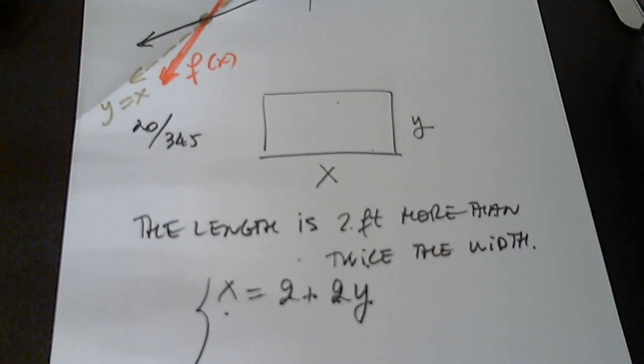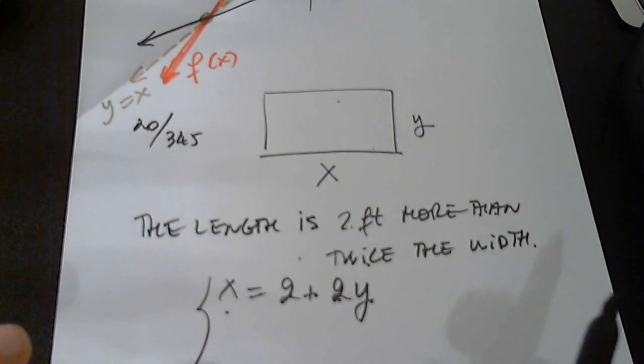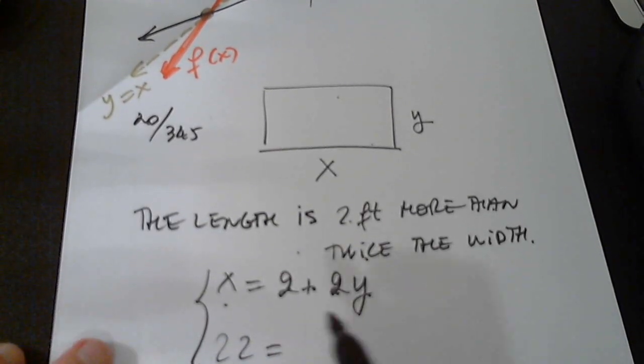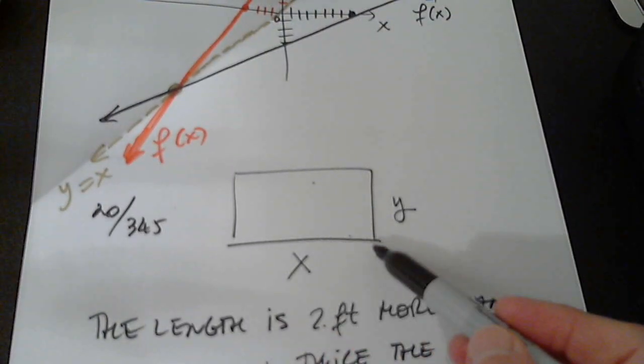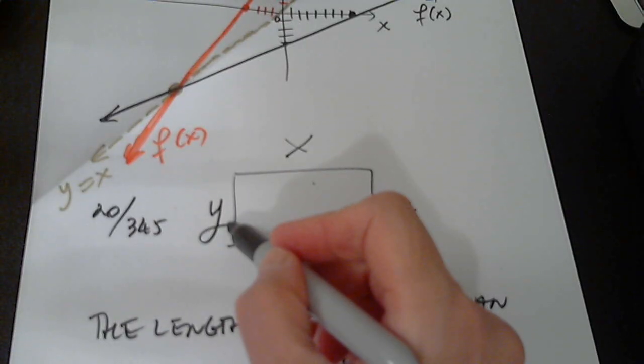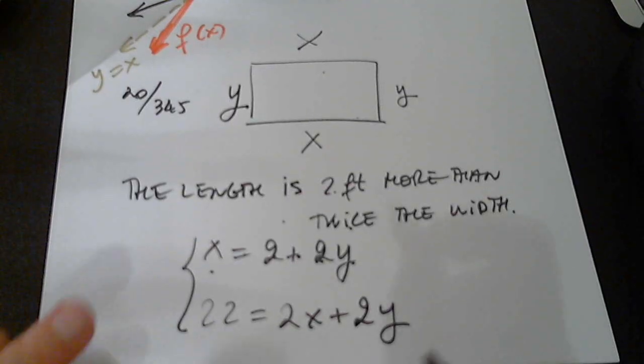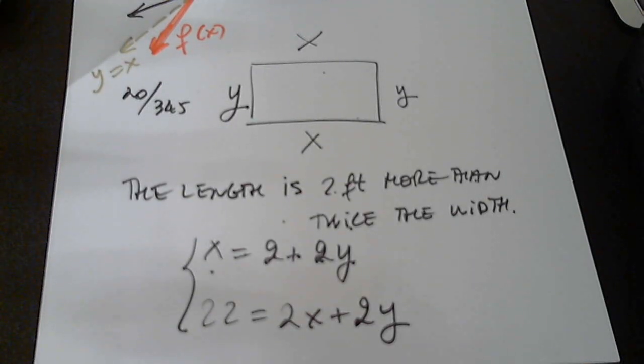Excellent. Now, one more piece of information. If 22 feet of fencing is needed to enclose the garden, which means the perimeter, what are its dimensions? So 22 equals x plus y plus x plus y, which is twice x plus twice y. Good. What should we do now?